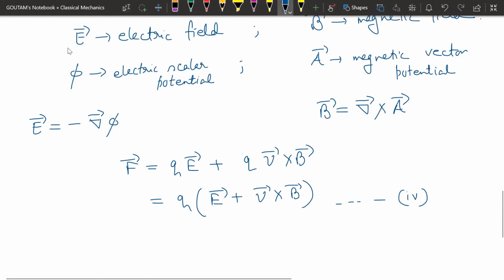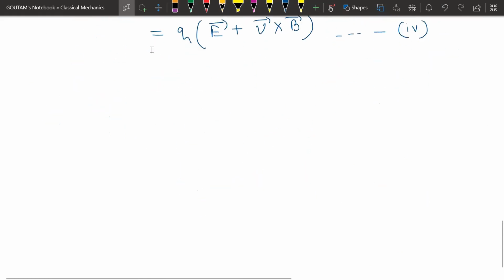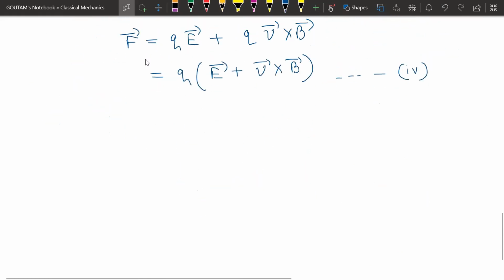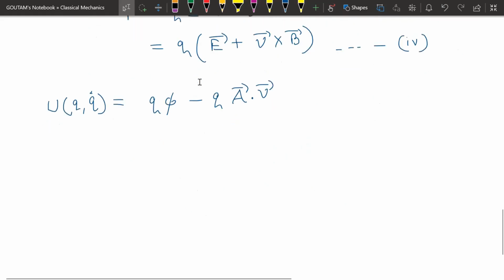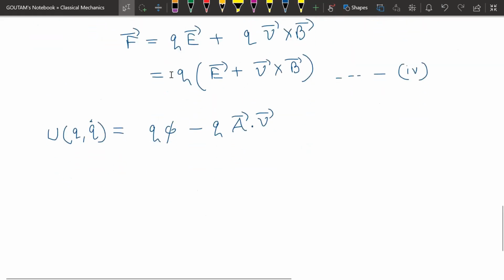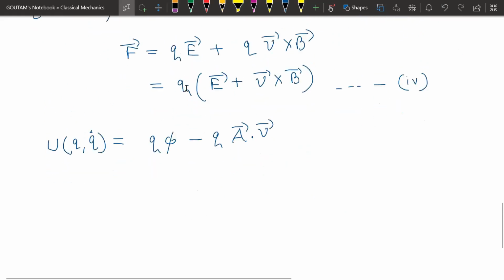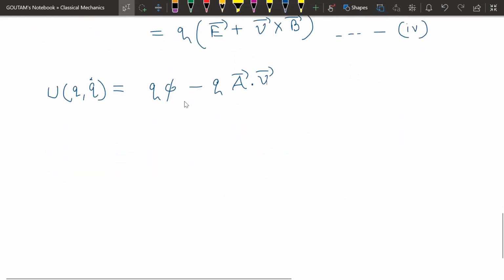So now we will show that if we take a velocity dependent potential like this, qφ minus q A dot v, then this force can be derived.